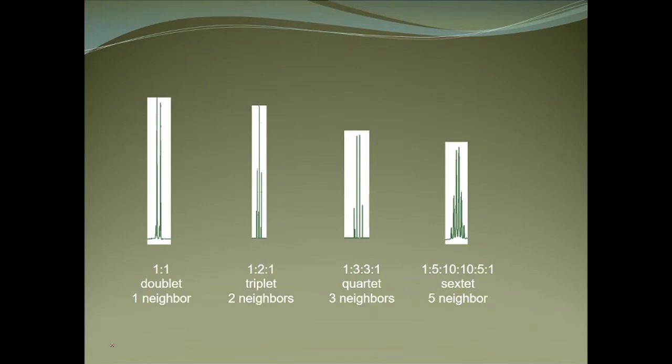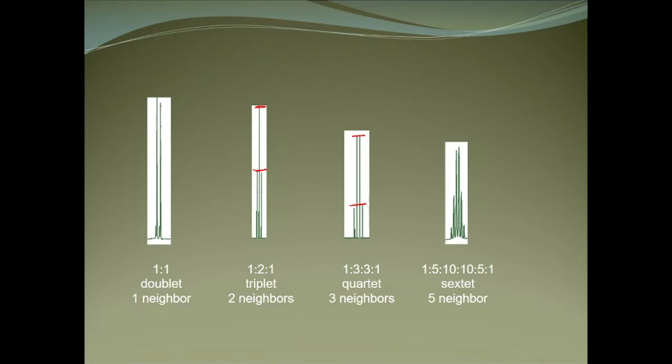The peaks do have symmetry. Note for the doublet we have 2 peaks of roughly equal intensity. For the triplet we have a 1-2-1 pattern. Notice these 2 outer peaks are roughly half the size of the center peak. For the quartet, these 2 outer peaks are approximately 1/3 the size of the 2 central peaks.